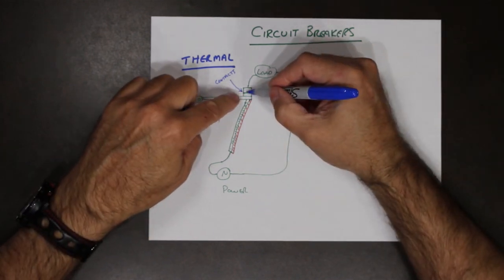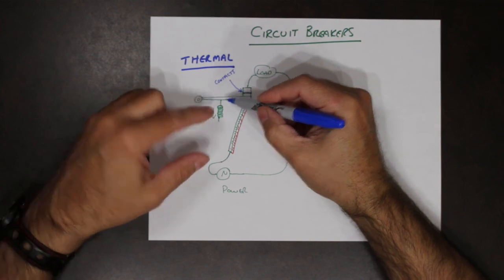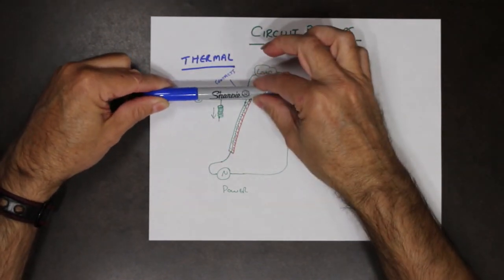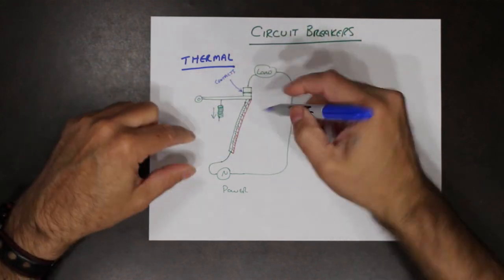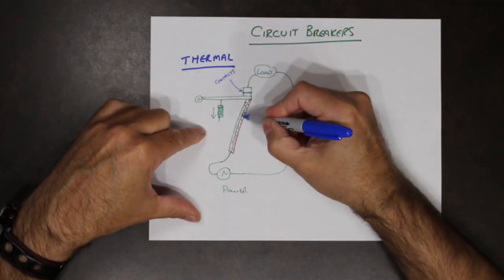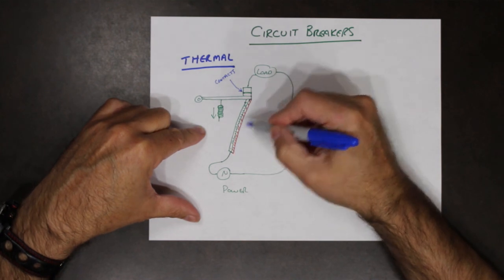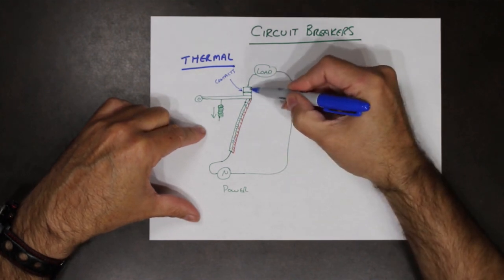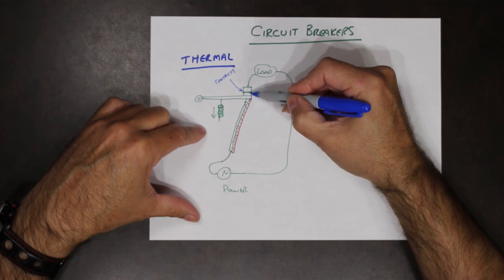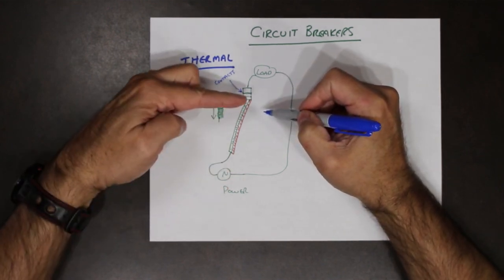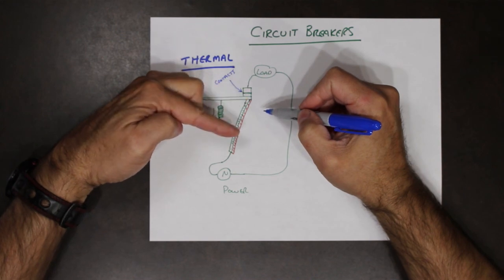The contacts are spring loaded, so there's a force trying to pull this down, but it's sitting on top of this little arm. This little arm holds the contacts closed. If that arm is moved out of the way, then the spring pulls the contacts open.